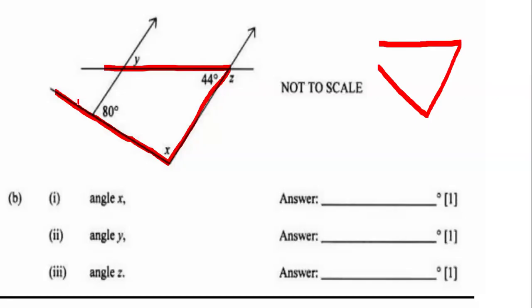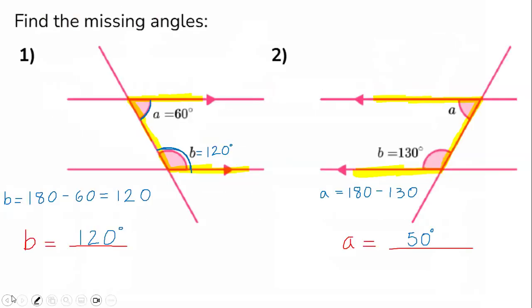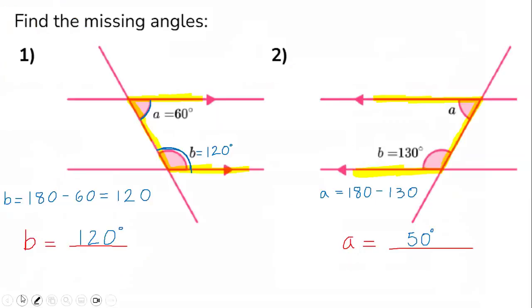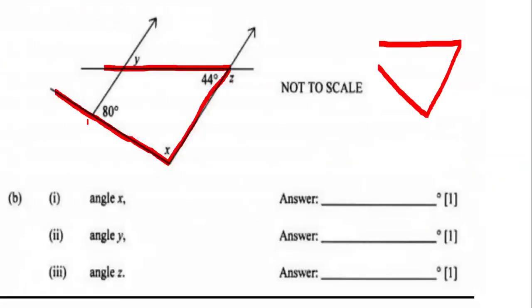The two lines in red, they're not parallel. Remember, we start off with our rule: parallel lines. That's the only way it works. These two lines must be parallel. So that's very important. Israel, that's what I wanted to show you. You can't do it if the lines are not parallel. You see what I'm saying?